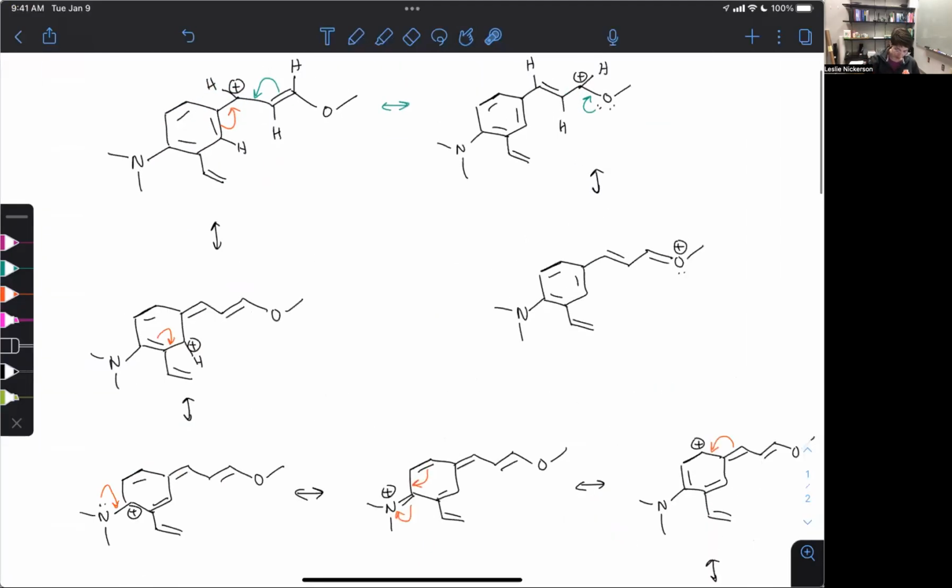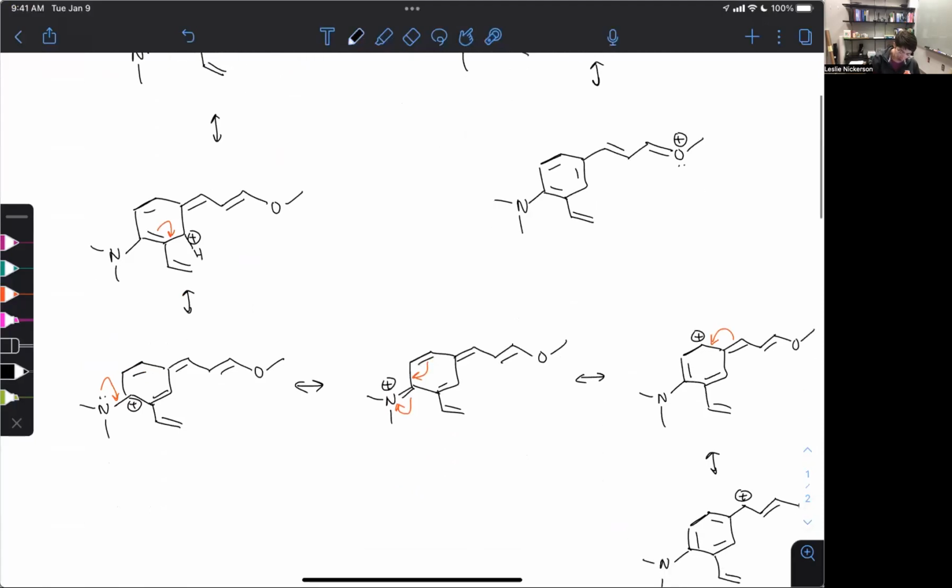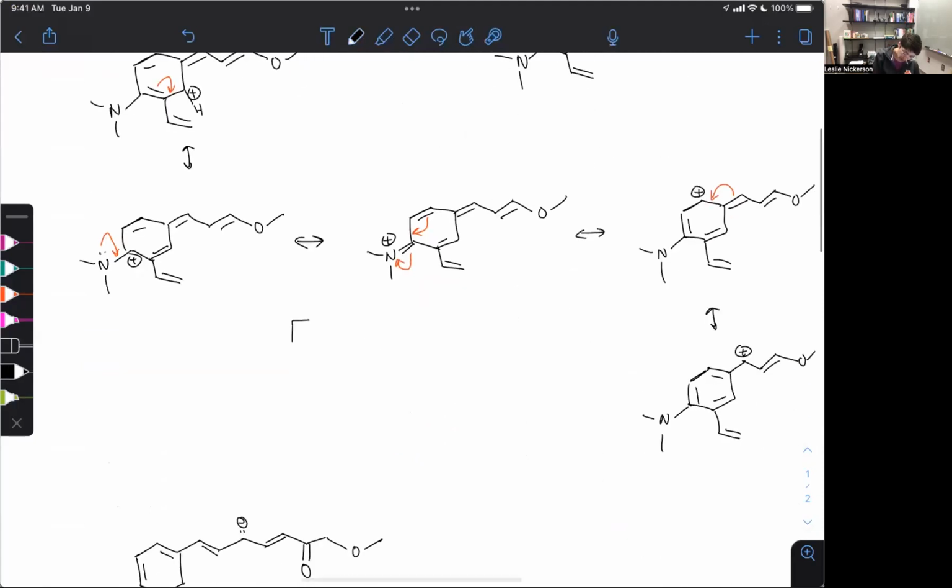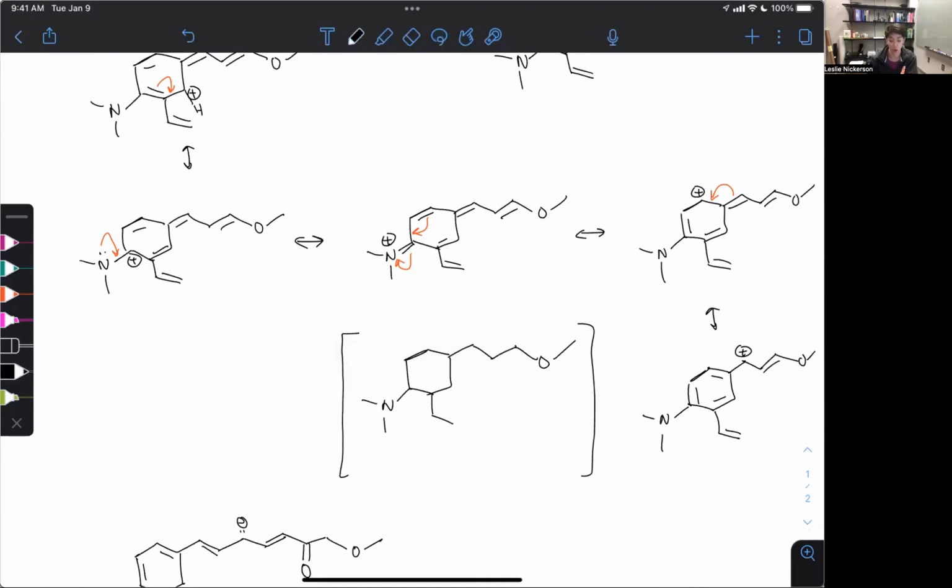Okay, so then if we want to draw the resonance hybrid, I find the easiest way to do this is just to start off with all of the sigma bonds in place. Okay, so once we have all the sigma bonds, then we can go ahead and start adding in all of our partial bonds and all of our partial charges.